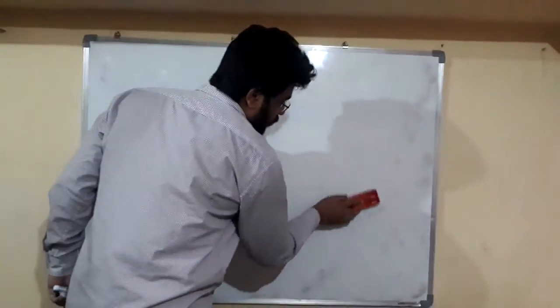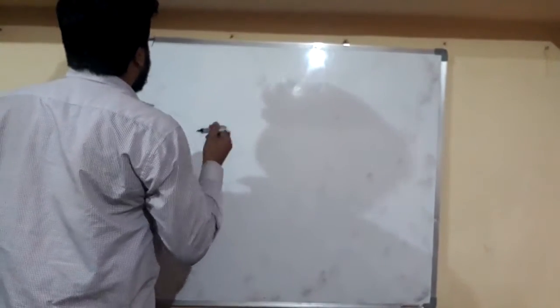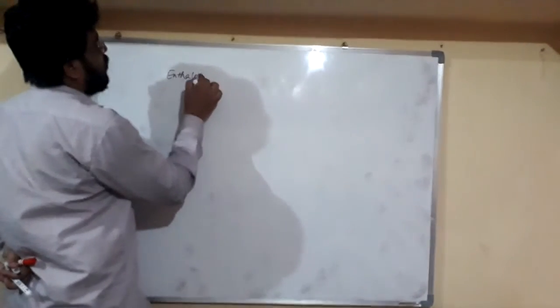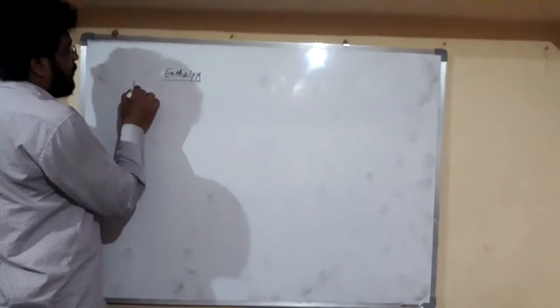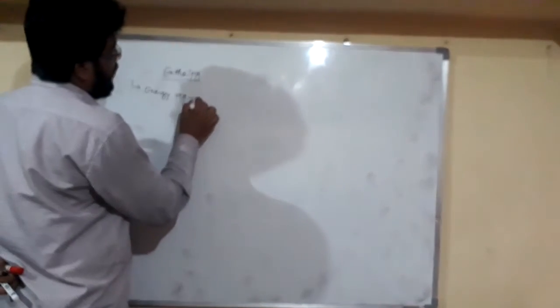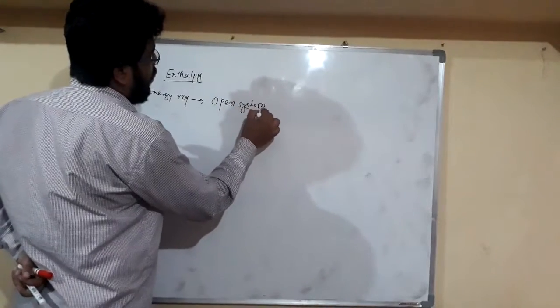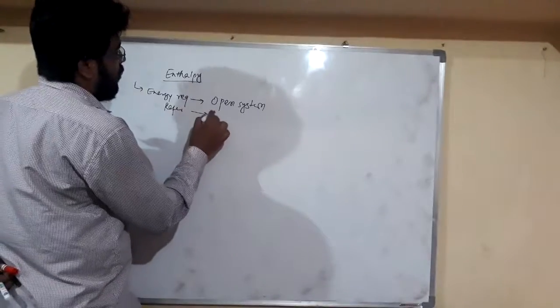In case of closed system, there is internal energy, and friends, if our system is open, then the energy referred to open system is called enthalpy. We can define enthalpy as the energy required to create an open system, or we can say the energy referred to open system.